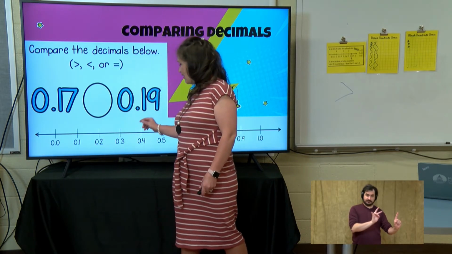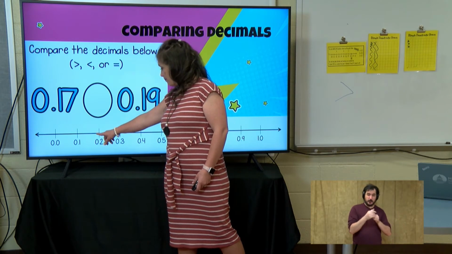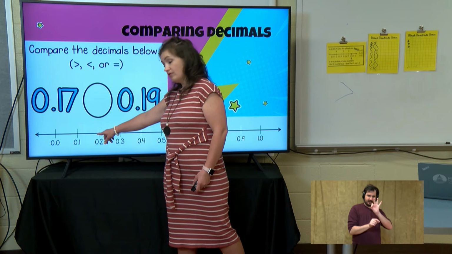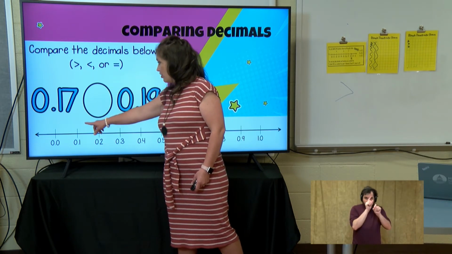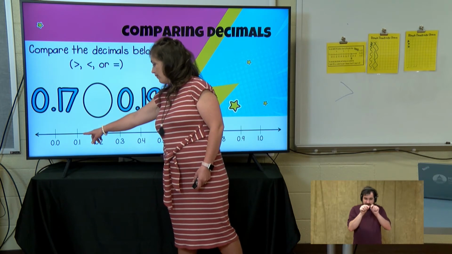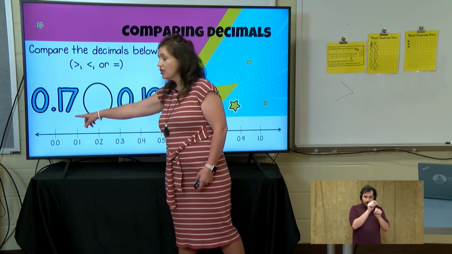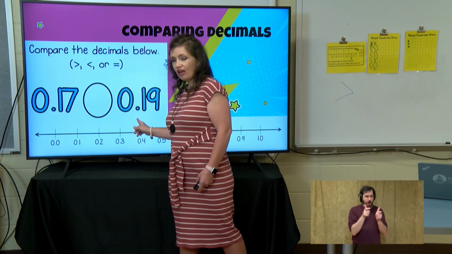And then I would go 9 jumps, that would be right before my 2/10, about right here. So I'd go 9 jumps past my 1/10, and that would be 19/100ths. So I know that 17/100ths is before 19/100ths. So I know that 17/100ths would be less than 19/100ths.